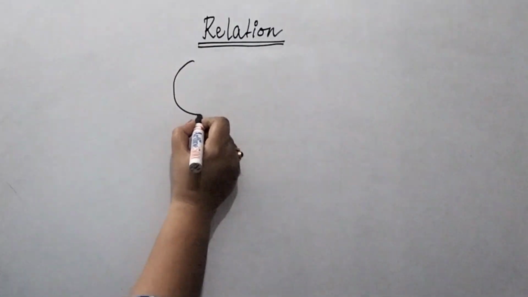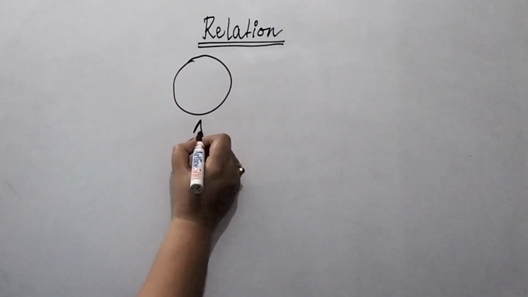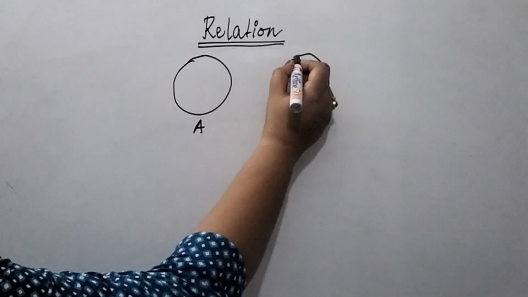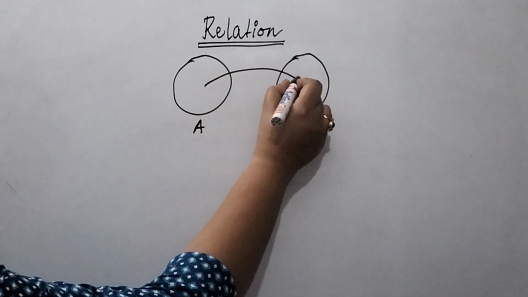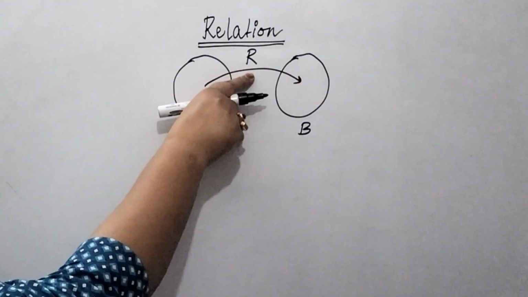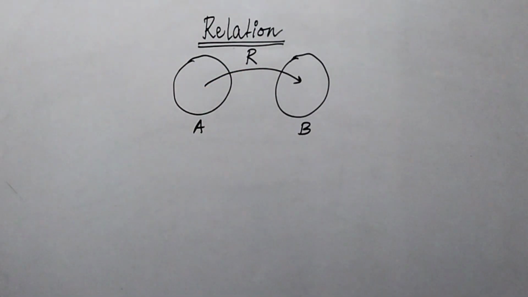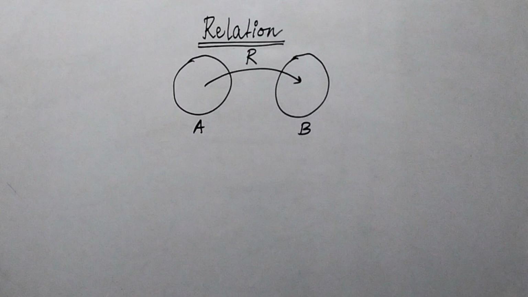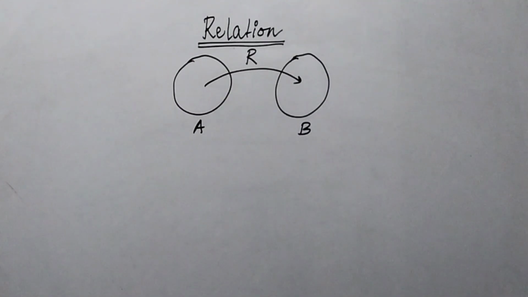Let's explain it. Suppose I am considering two non-empty sets. One is set A and the other is set B, right? And from A to B, I am defining a relation R. Here I am denoting it as R. You may take it as rho also. That means only those pairs of elements of A and B will be in R which satisfy the definition of R, right?